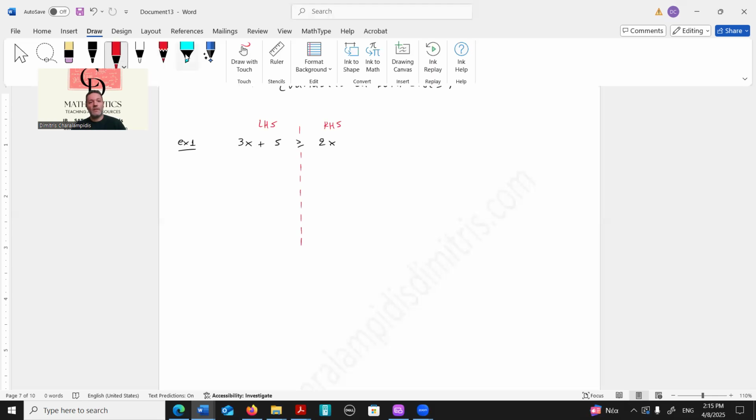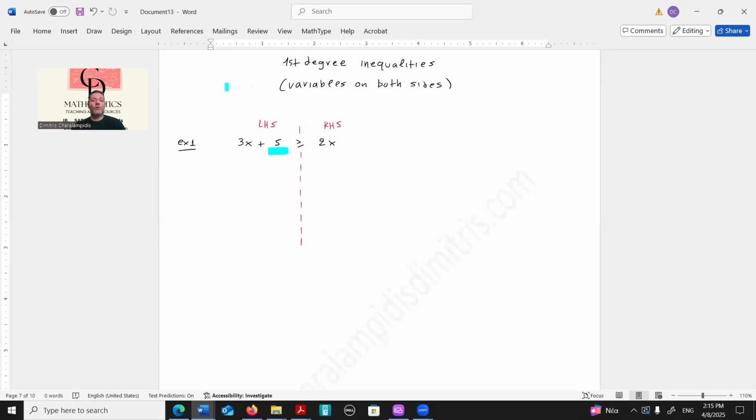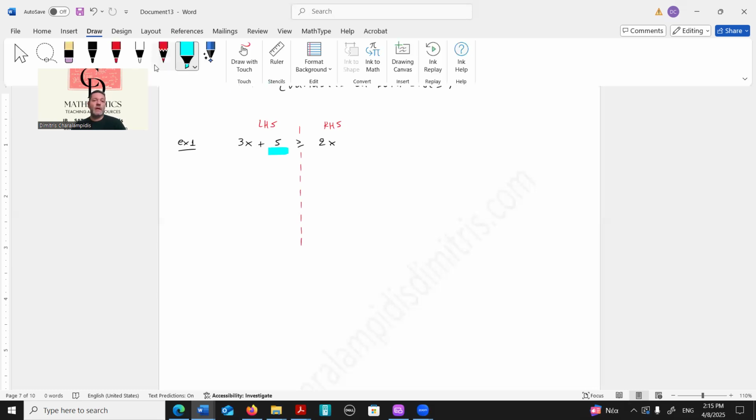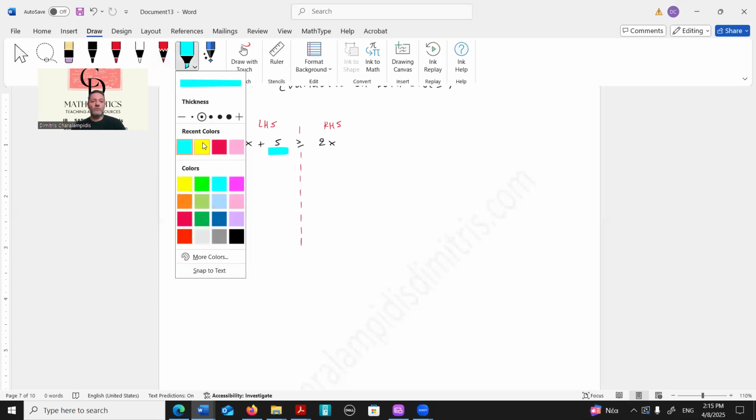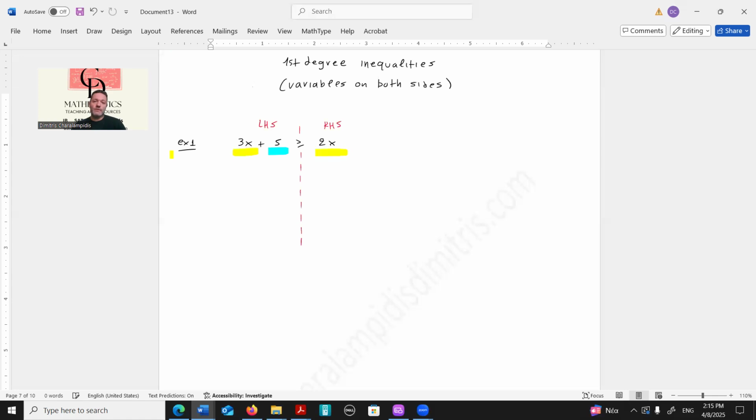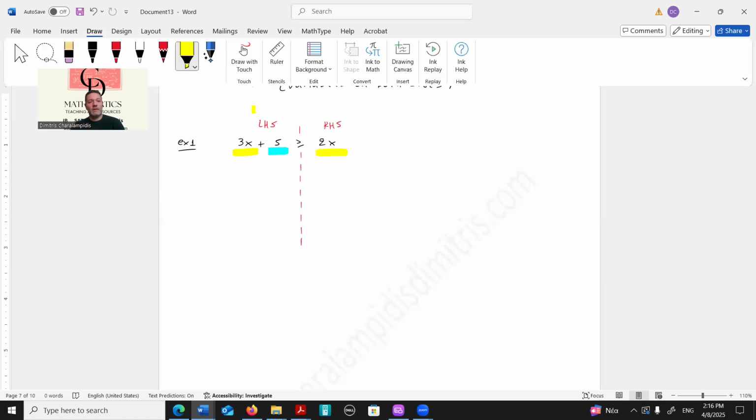Then I will color with blue all constant terms and with yellow all the variable terms. Now, my key plan is to separate yellow from blue terms. To do that, I will bring all yellow ones to the left.